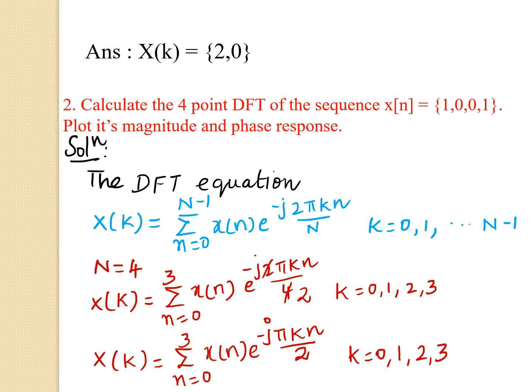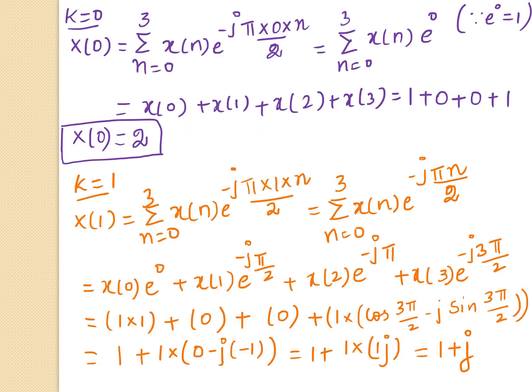This 2 and 4 you can cancel, so that you write the equation as x of k is equal to summation n extending from 0 to 3 x of n into e power minus j pi into k into n over 2 for k is equal to 0 to 3. So first we have to find the 4 values of x of k, which is k is equal to 0 and k is equal to 1, k is equal to 2 and k is equal to 3.